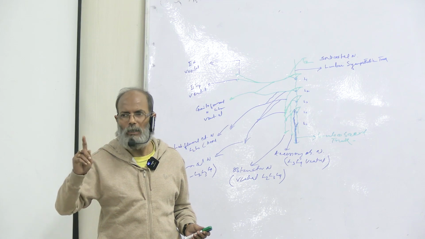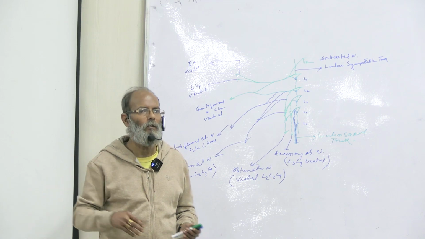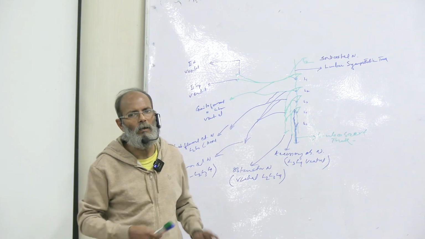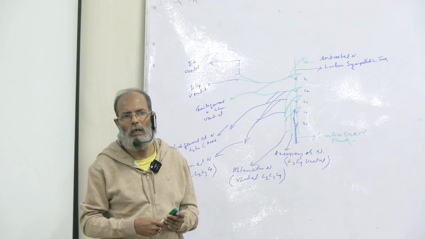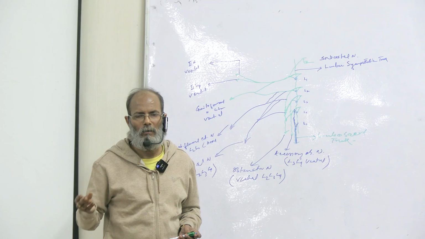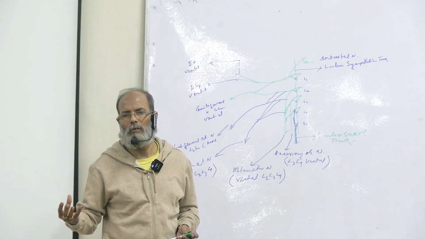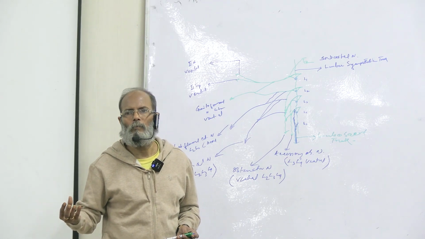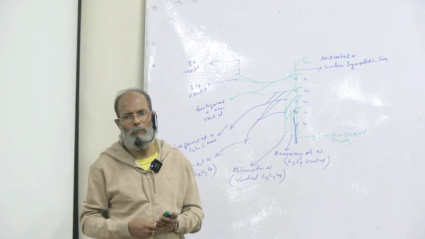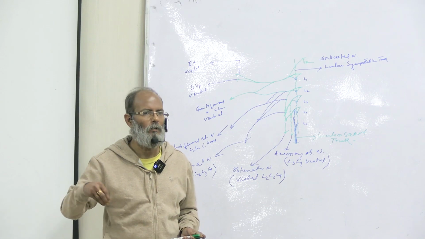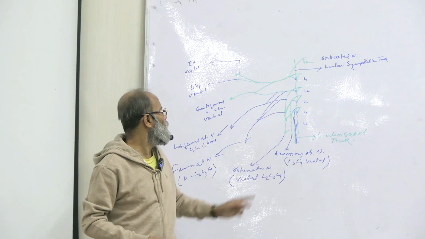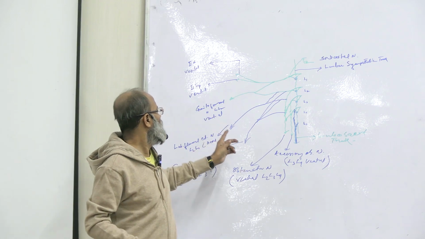The femoral component supplies the upper and medial part of the thigh, and the genital component supplies the root of the penis, scrotum, and in case of female, round ligament of uterus, together with the cremasteric fibers in both the sexes. Alright. So this is the genitofemoral nerve.